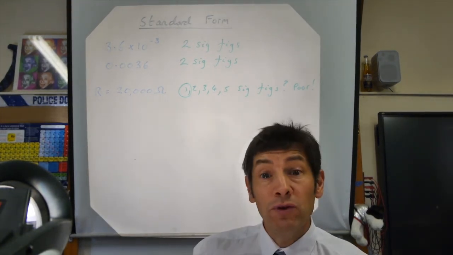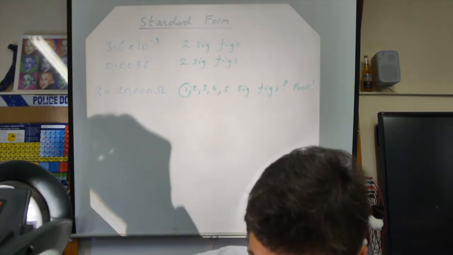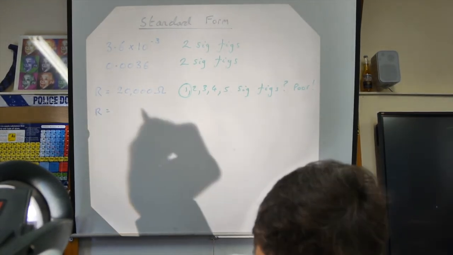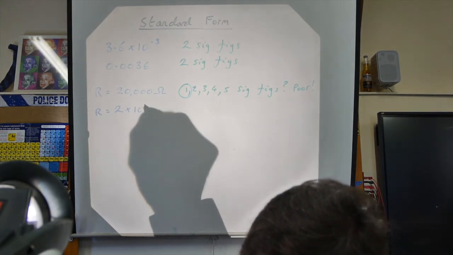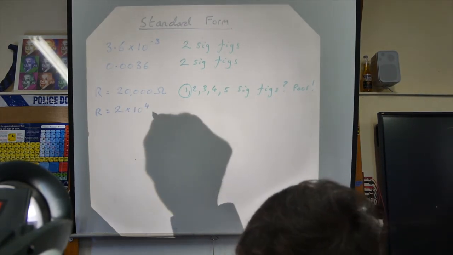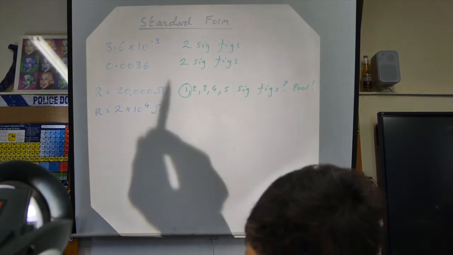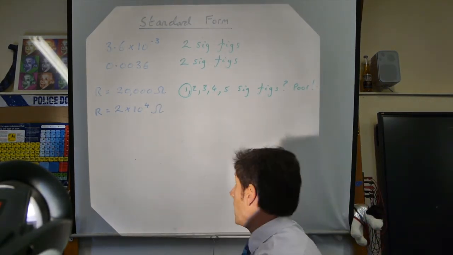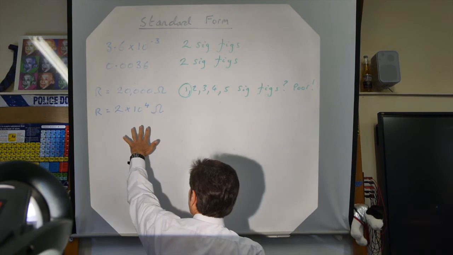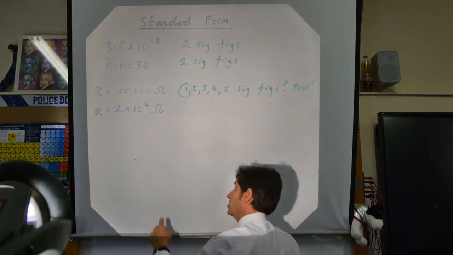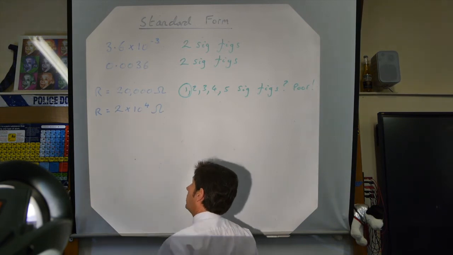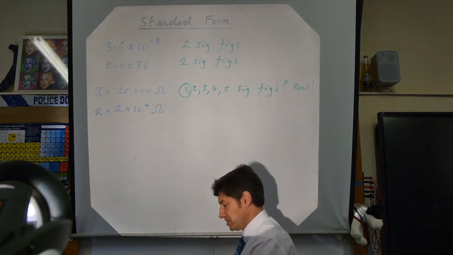But what if we write it down like this? So the resistance is equal to 2 times 10 to the 4 ohms. Now, that's standard form. I, as you know, like engineering notation, so I like 20 times 10 to the 3, so I can immediately go 20 kilo ohms.